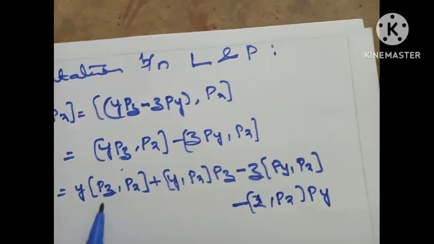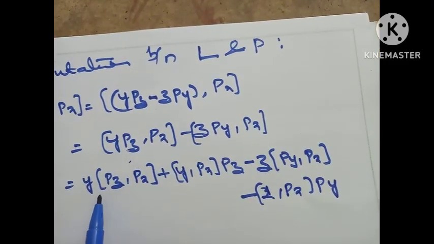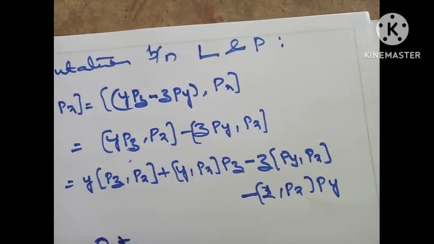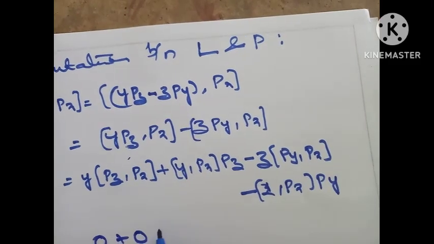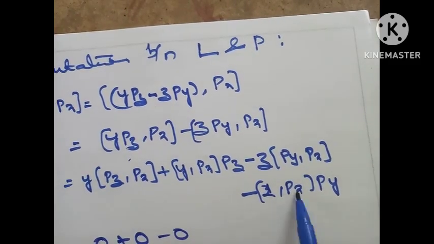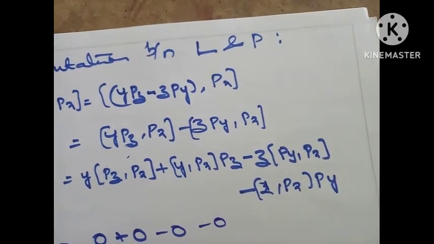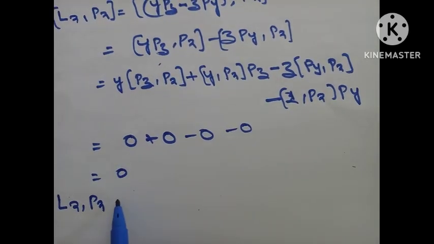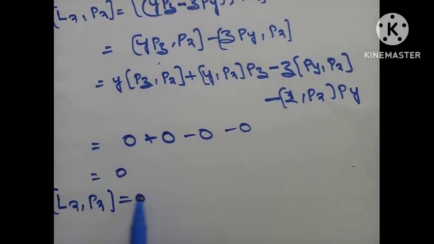Okay, now let us write the values where the commutation between these two things is 0. Here y and Px is 0, and here py and Px is 0, and here z and Px is also 0. Then finally we'll get 0. That means the commutation between Lx and Px is 0.